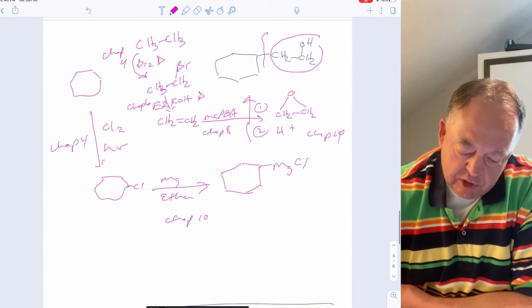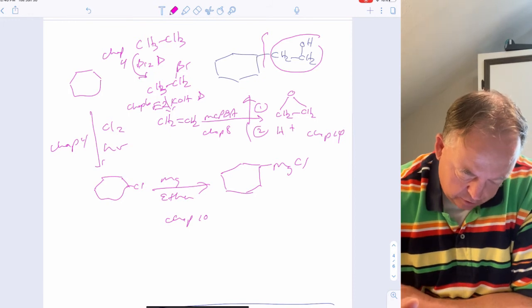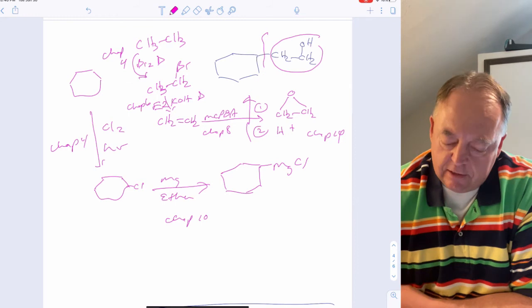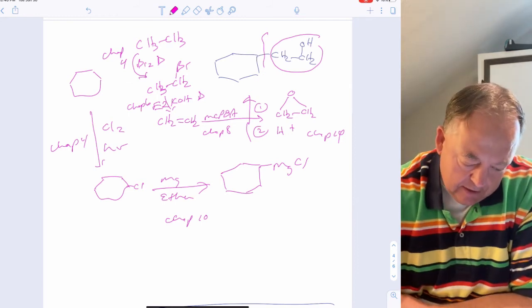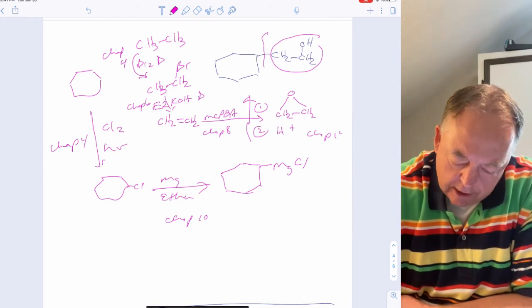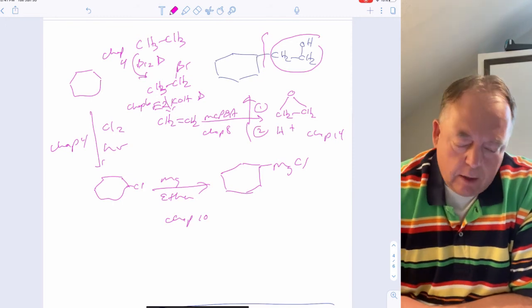But it requires material from 1, 2, 3, 4, 5 different chapters. And so again, that's what makes organic chemistry difficult for a lot of people. It's not that any one thing is difficult, it's that there's a lot of material that you have to remember in order to do problems like this.